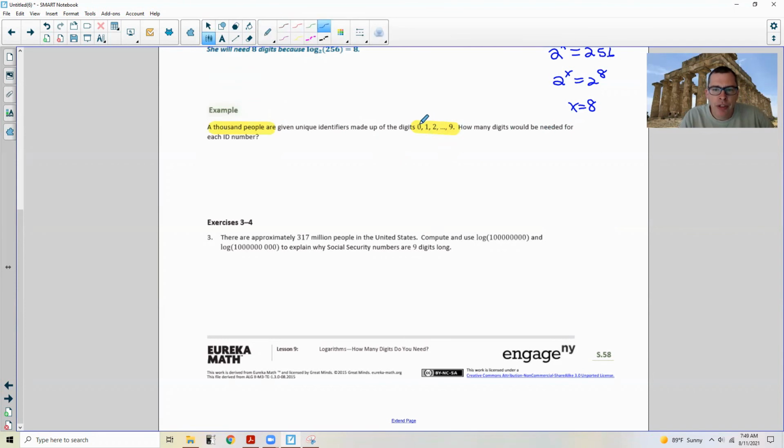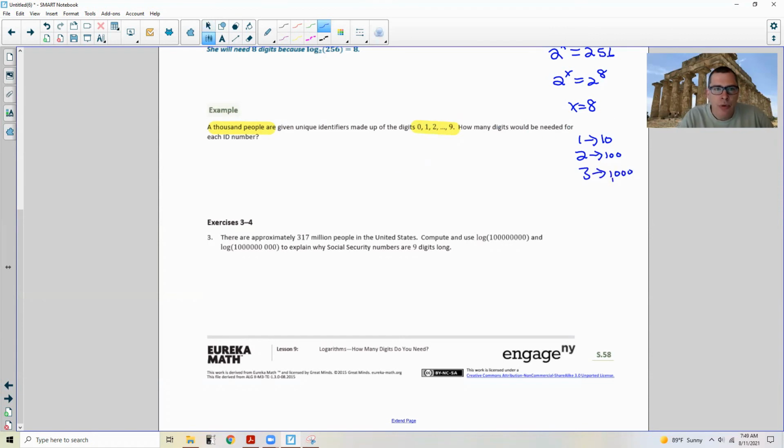One digit's obviously going to only cover 10 people. 0, 1, 2, 3, 4, 5, 6, 7, 8, 9 is 10 numbers, including 0. So one digit would be 10 people. 2 digits would bring us all the way out to 100 people. So notice what's happening. 1 would yield 10 people. 2 digits would yield 100 people, right? 00 all the way out to 99 is 100 different numbers. 3 digits would give me 1,000.